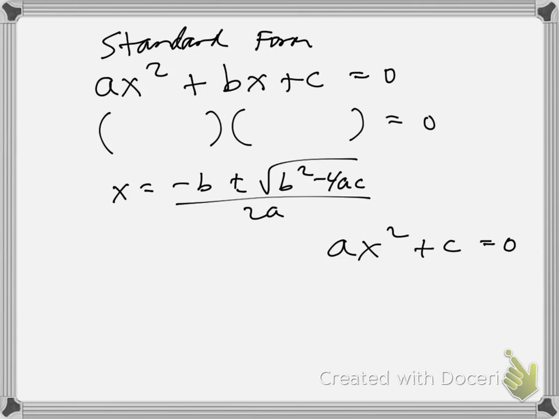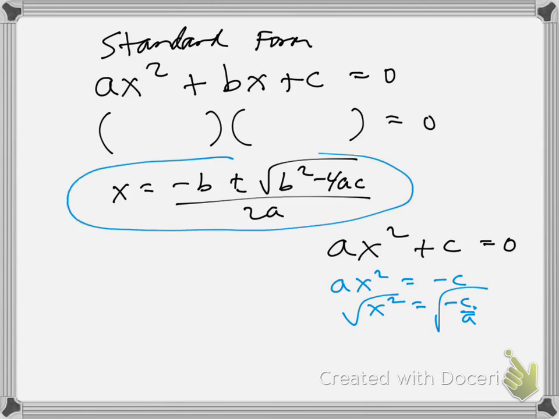So you can do ax squared equals negative c, x squared equals negative c over a, and then take the square root of both sides. So that's always an option, but again, the quadratic formula will work with any quadratic equation.